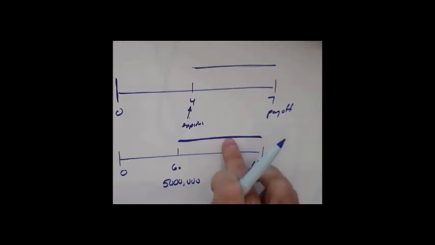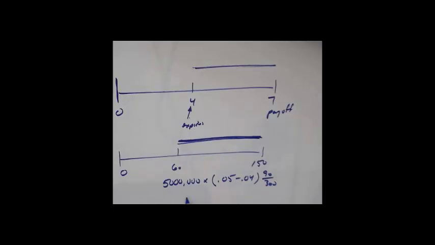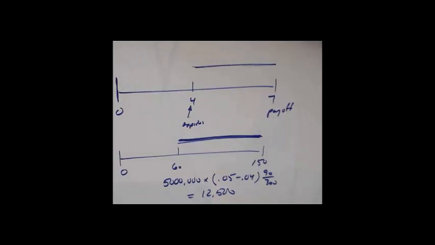So they were higher, and that was the risk associated with borrowing the money. Interest rates go up. So what's the payoff? Well, it's $5 million times the interest rate differential of 1%, adjusted for the 90-day period. And we come up with a payoff of $12,500 right at this point.